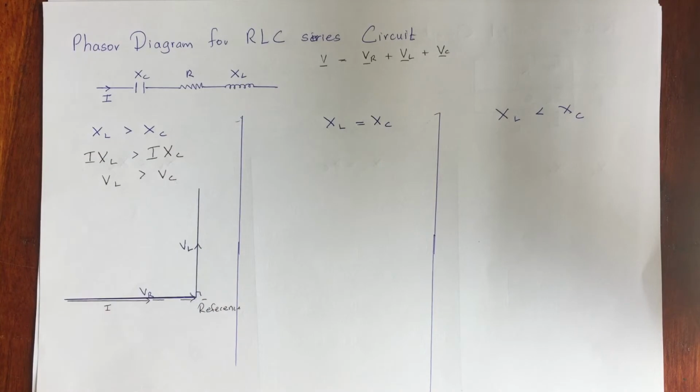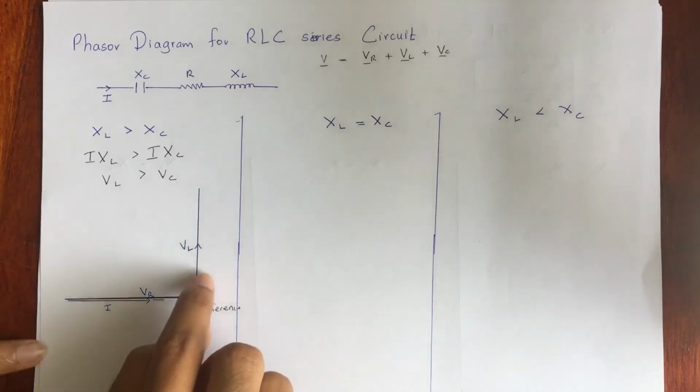Likewise, we can directly tell that VC would be at minus 90 degrees with respect to this I, because we already learned that when we consider the capacitor, the current going through that capacitor will lead the voltage across that capacitor. The current is going to lead the voltage in a capacitor. Don't consider these two.